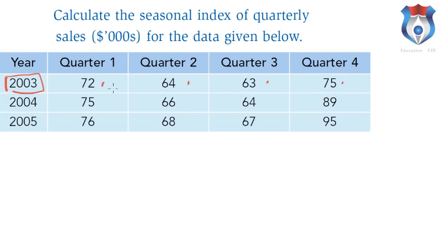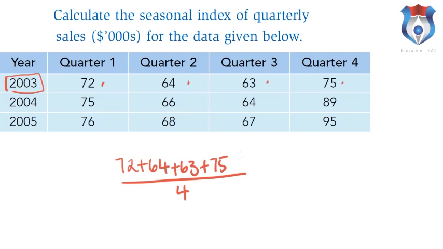So how do I find the average, the mean? I add everything up and divide by how many I have. So I'm going to do 72 plus 64 plus 63 plus 75 divided by 4, because there are 4 of them. And I get 68.5. So that is the average for this year, 2003.